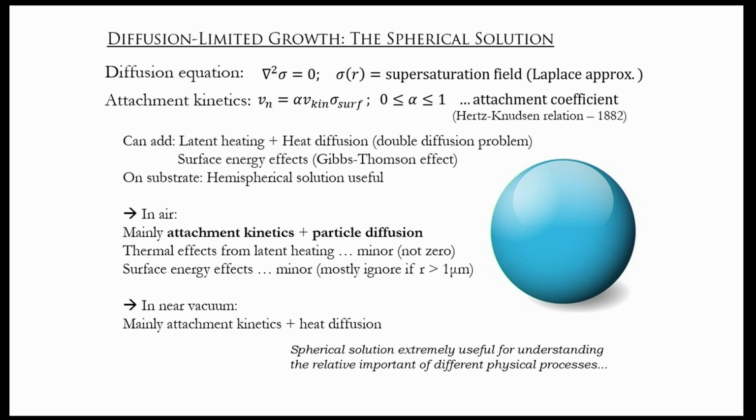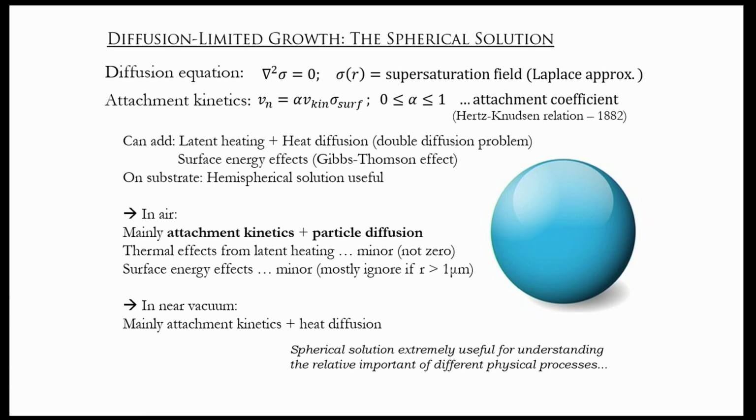And you can easily reach the following conclusions: that if you're growing crystals in air, the main thing you have to worry about is the attachment kinetics in this alpha and particle diffusion. Okay, thermal effects from heating are minor. They're not zero, but they're not very big.